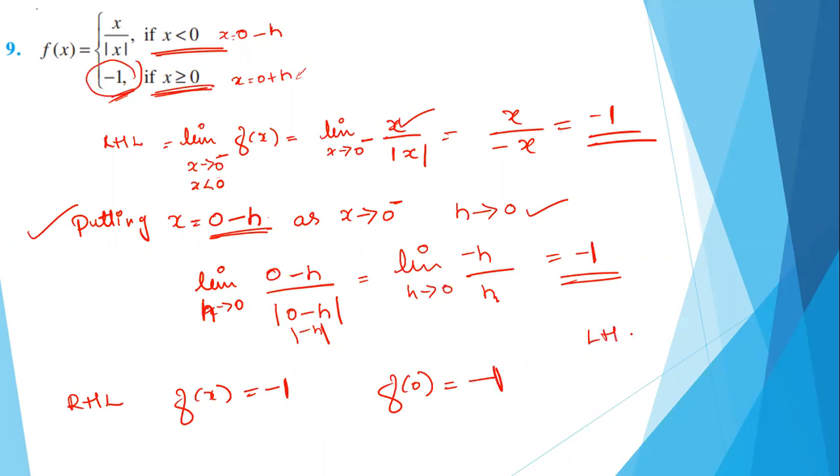So our left hand limit is equal to the right hand limit, and also the functional value at x is equal to 0. So we get that the function is continuous at x is equal to 0. Understood, right? Either you can directly do it like this, or you can substitute x as 0 minus h.